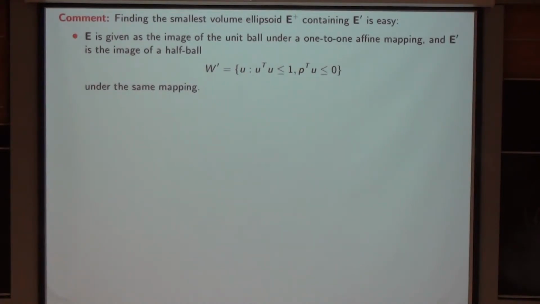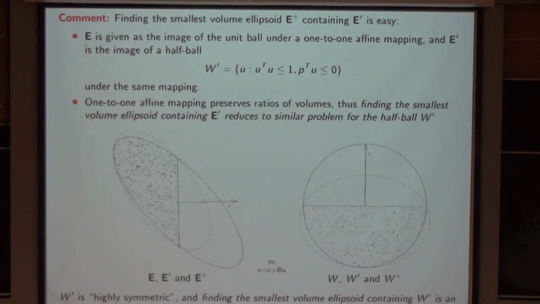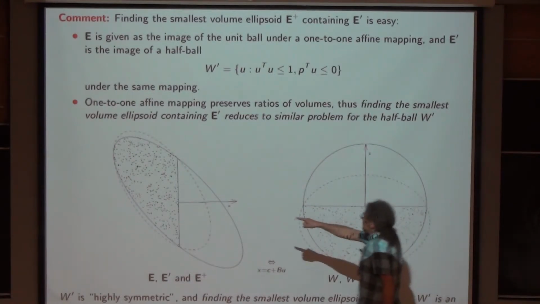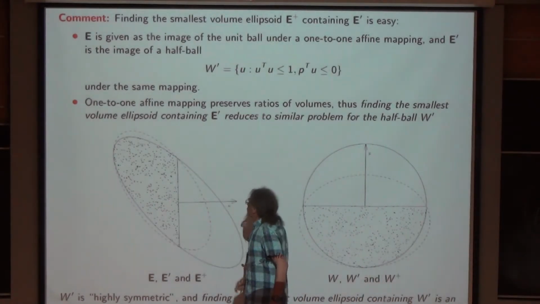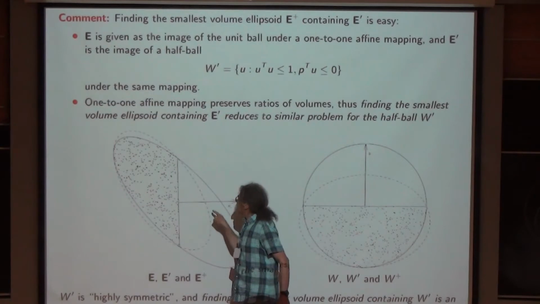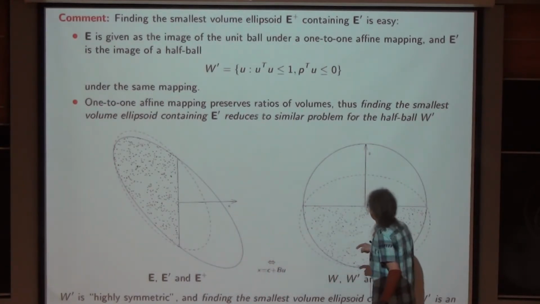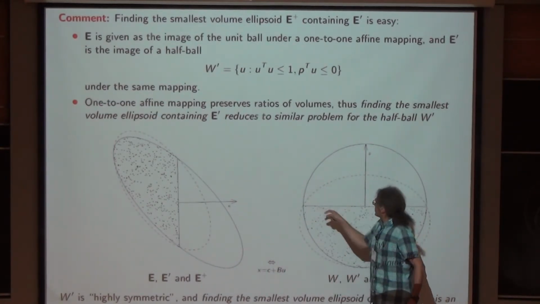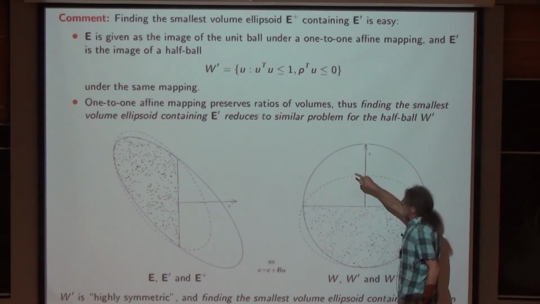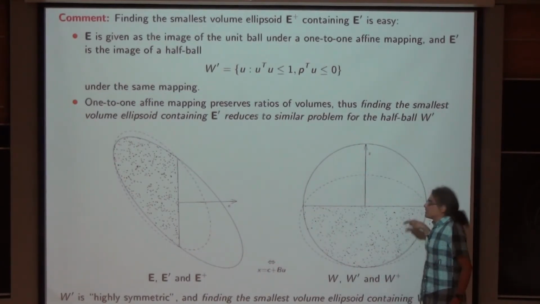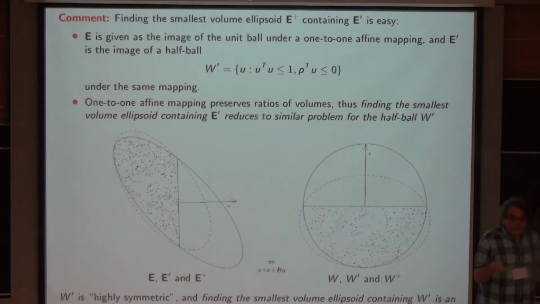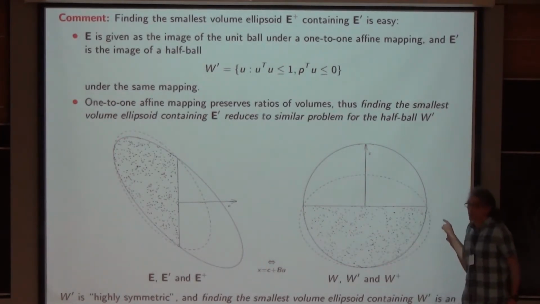Let us go back to the Euclidean ball: we do the inverse transformation to obtain the Euclidean ball, cut it in the way we want to get a half ball, and then cover the half ball with the ellipsoid of the smallest volume.